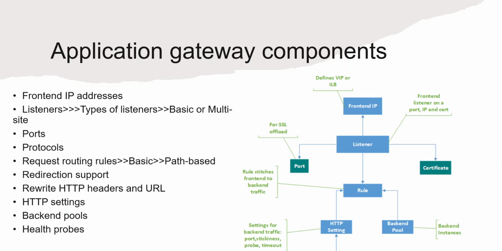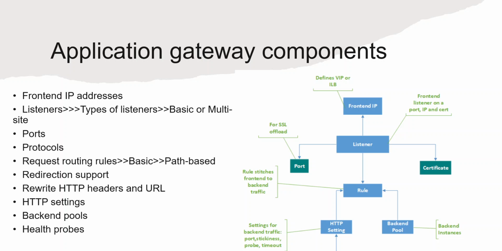So the front-end IP address is the IP address that is associated with the application gateway. When you configure the application gateway, you have to provide a public IP address, a private IP address, or both.